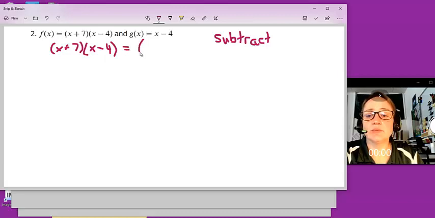So we can set them equal to each other. So I'm going to say this is where f equals g. I've taken my f equation and I've set it equal to the g equation.